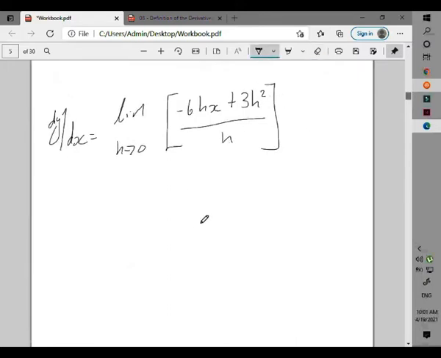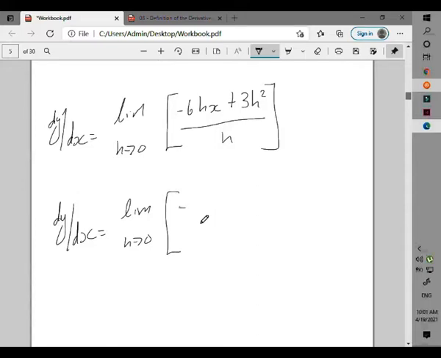Alright, so dy upon dx is equal to the limit as h approaches 0, so I'm not going to do that. I'm just going to do the factoring component down here. So what's similar between the two is a 3.